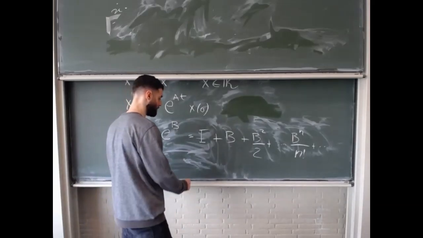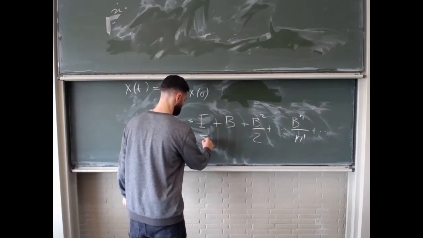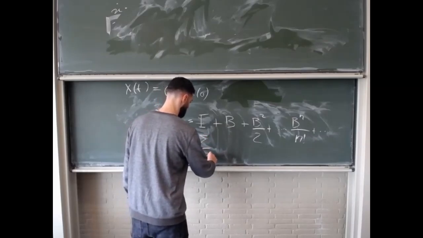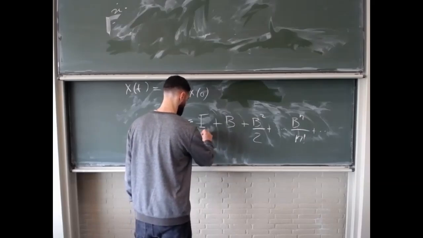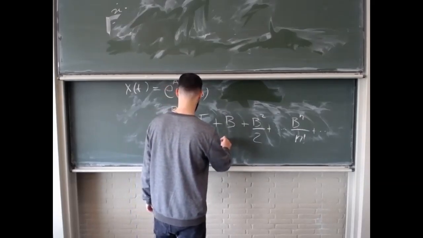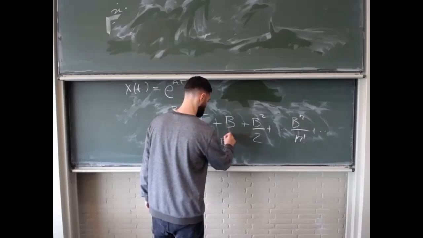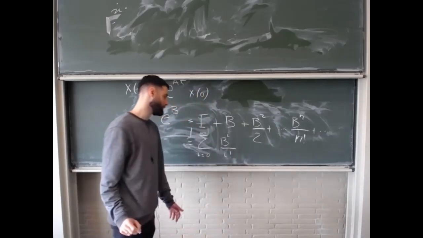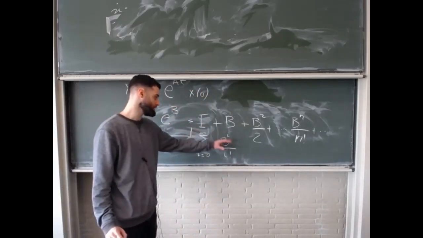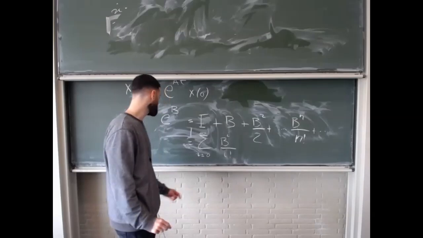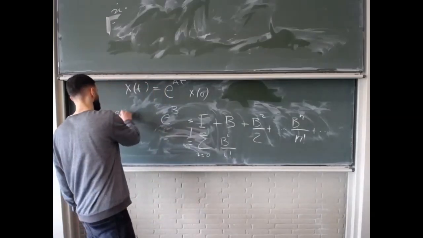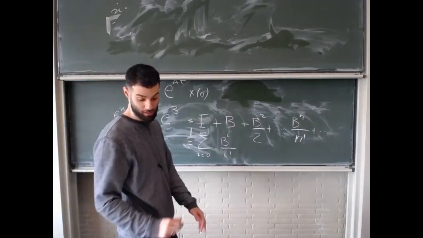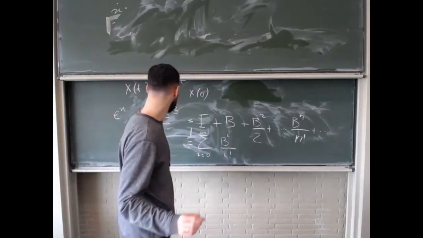So compactly, the summation with i from 0 to infinity of B to the i divided by i factorial. And you recognize this is exactly one of the definitions of the scalar exponential, which generalizes to matrices.